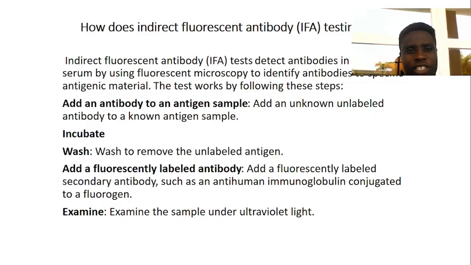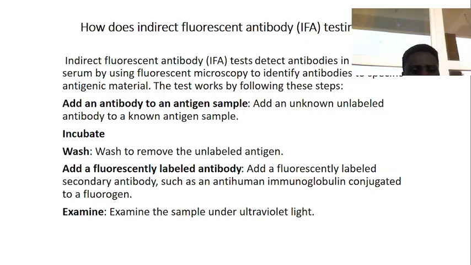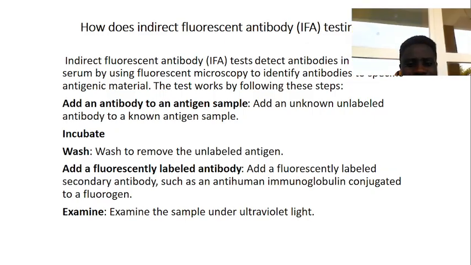At room temperature, for example 24 or 32, some antibodies are not able to react under that condition. At 37, all antibody and antigen reactions can take place because the body works normally at that temperature.